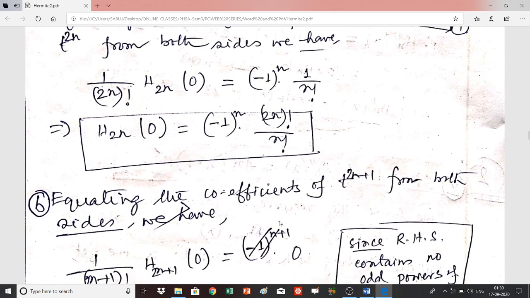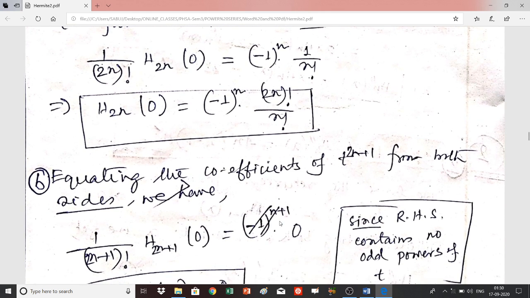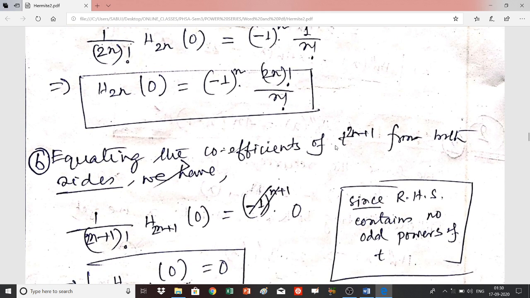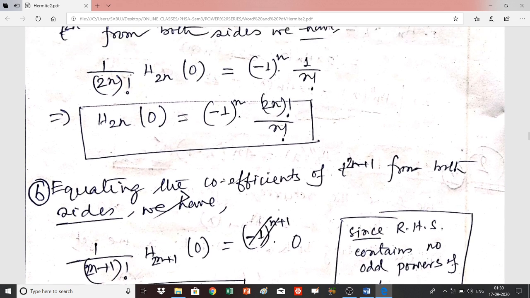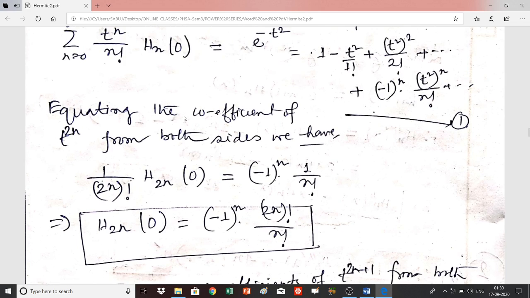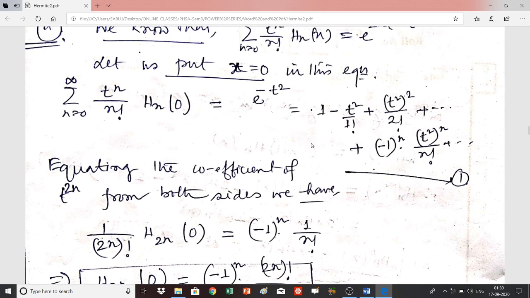Now it has been proved by equating the coefficient of t to the 2n from both sides. If you wish to compare or equate the coefficient of t to the 2n from both sides of this expression, see here on the right hand side the first term is 1, then t square, then t to the 4, and in this way t to the 2n.